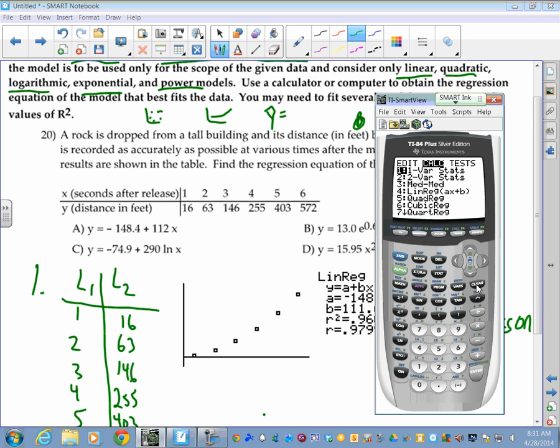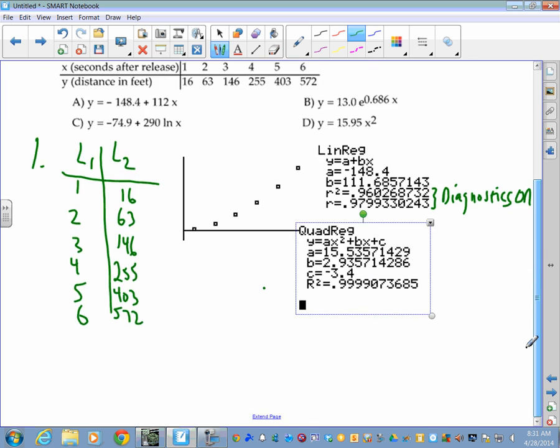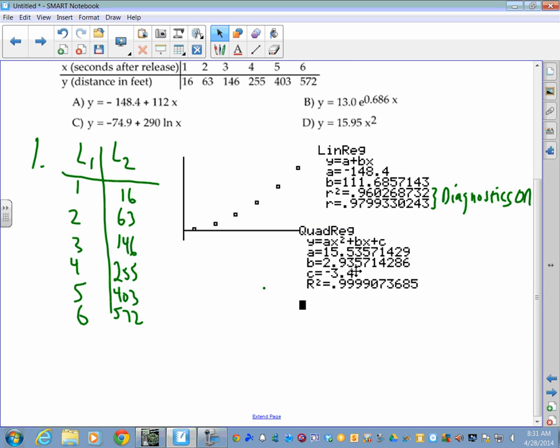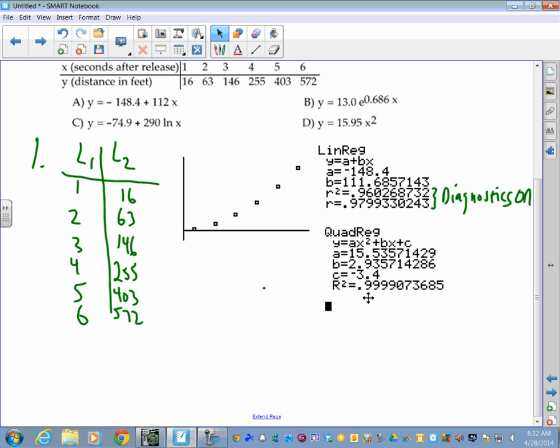Stat, calculate, quadratic is 5. All right, there's my output for that one. You have to make sure you write the R's down so you know which one it is. You look for R squared. So you're comparing these.